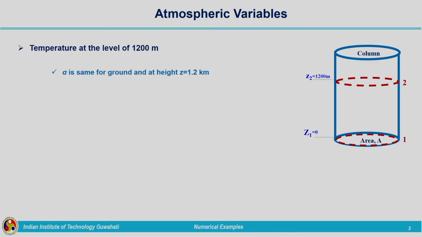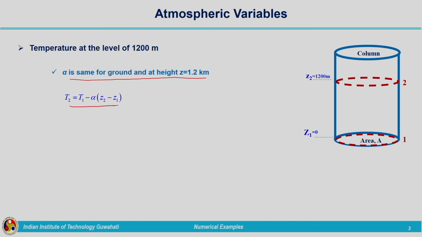We will make use of those expressions for finding out the corresponding values at a particular elevation in the atmosphere. Temperature at the level of 1200 meters needs to be calculated. Alpha is given to us, which we are assuming to be the same at the ground and at the elevation of 1.2 kilometers. So, T2 can be calculated by using the lapse rate equation.